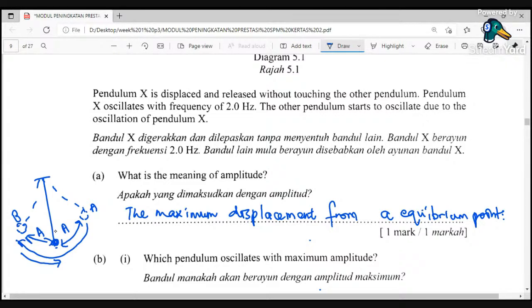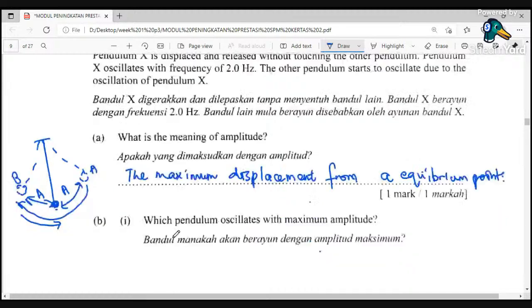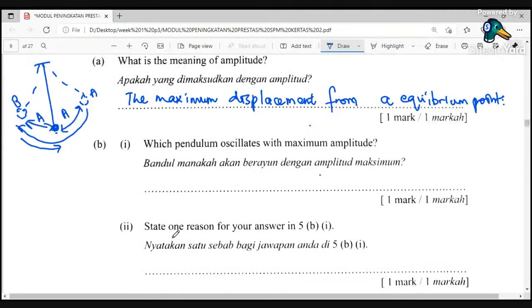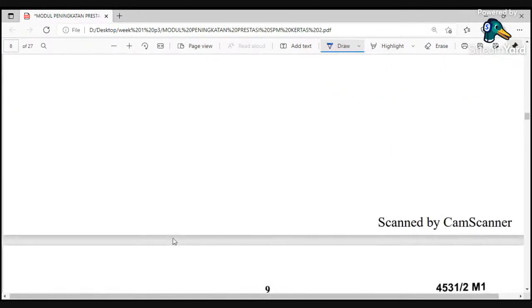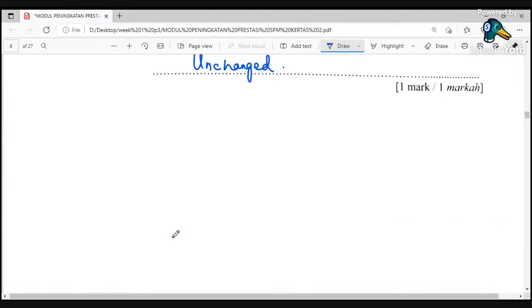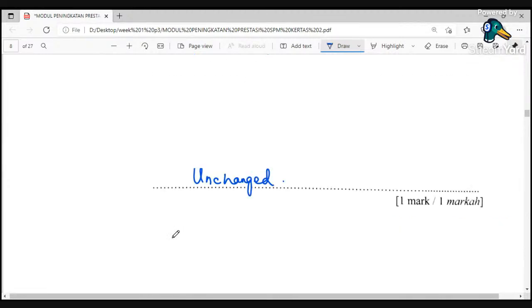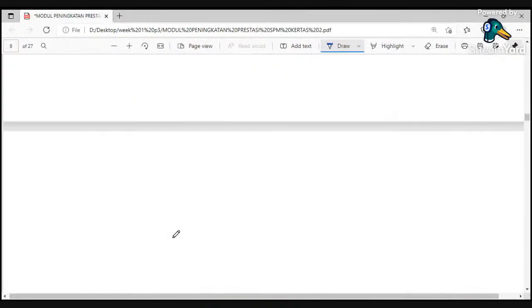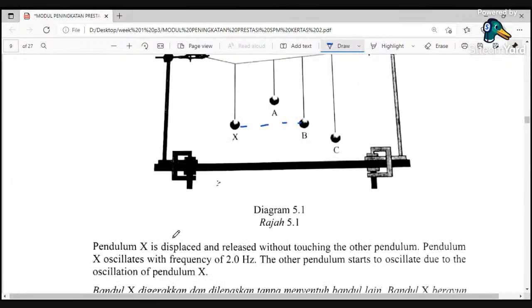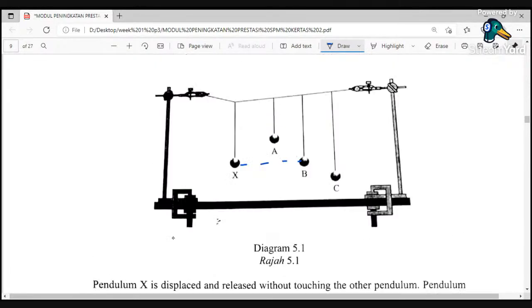Itu panggil amplitude. Okay. Which pendulum oscillate with maximum amplitude? Pendulum B. Okay, tengok yang sama panjang. Okay, ni yang sama panjang.